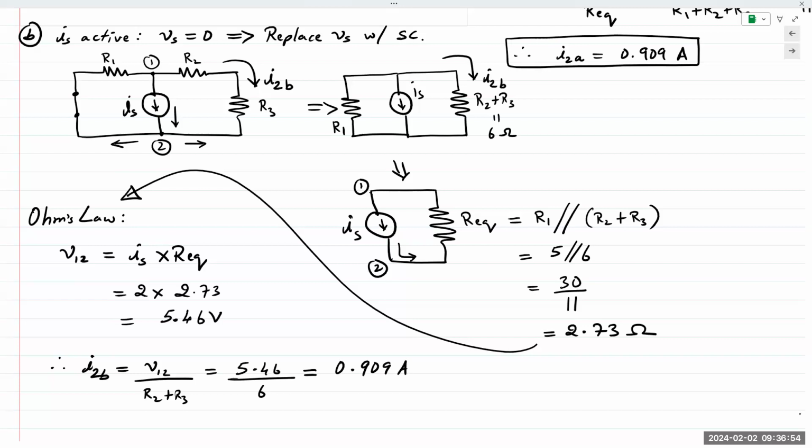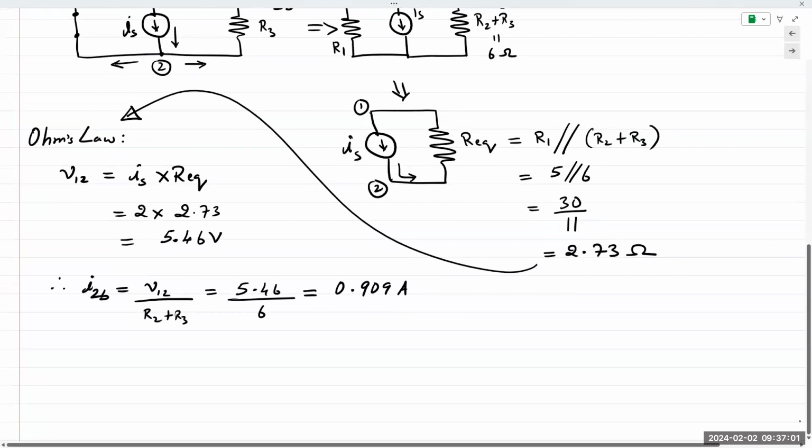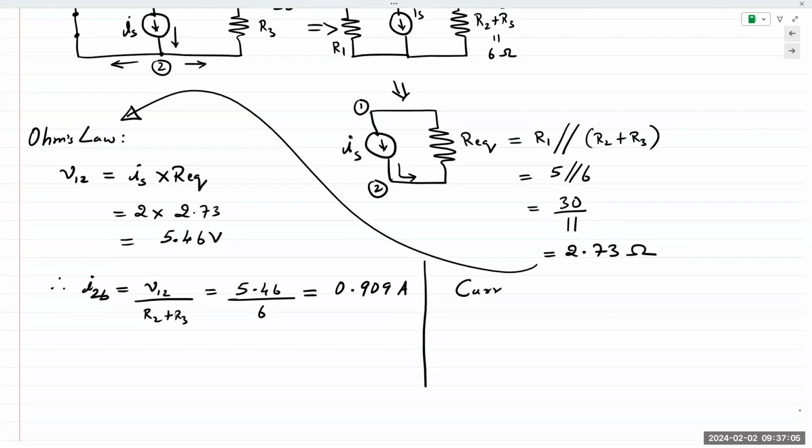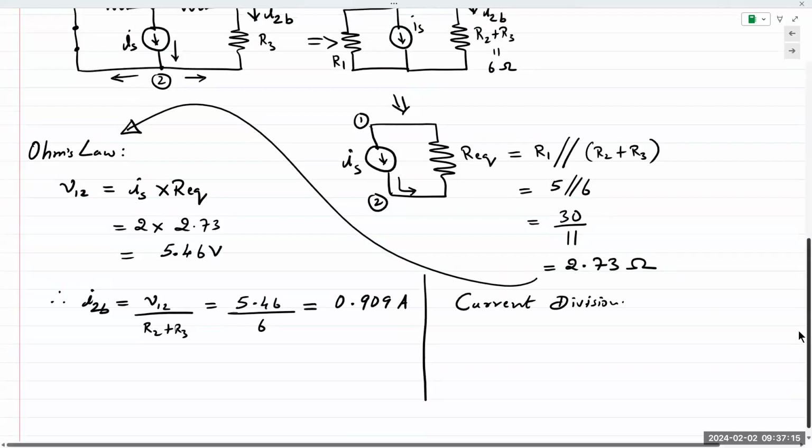If we applied current division, I'll show you the equation for that. Instead of applying the 2 steps, if you apply current division, I can write the current going down.